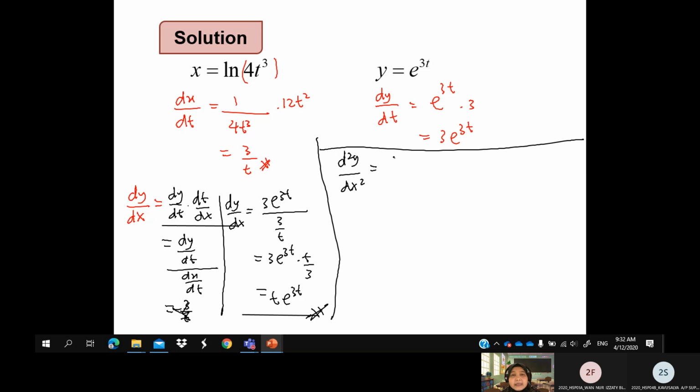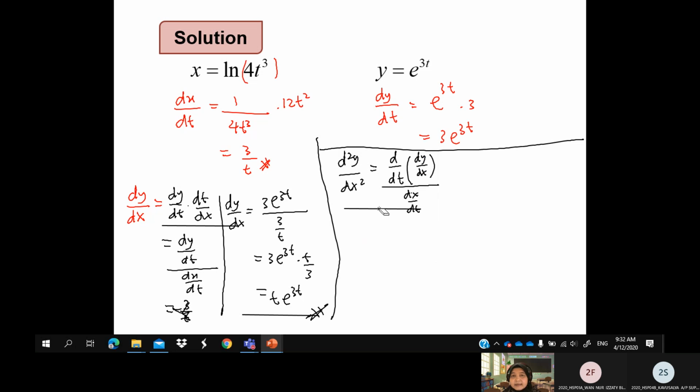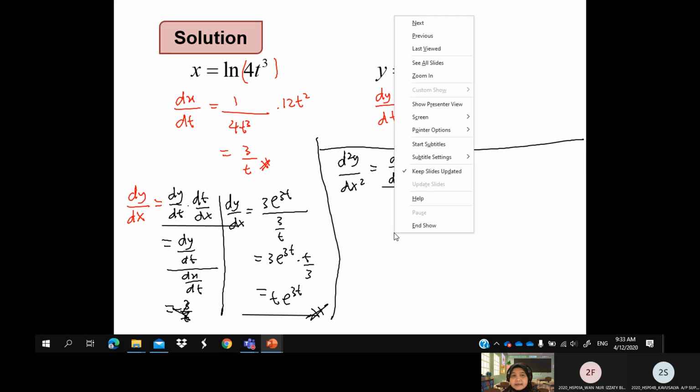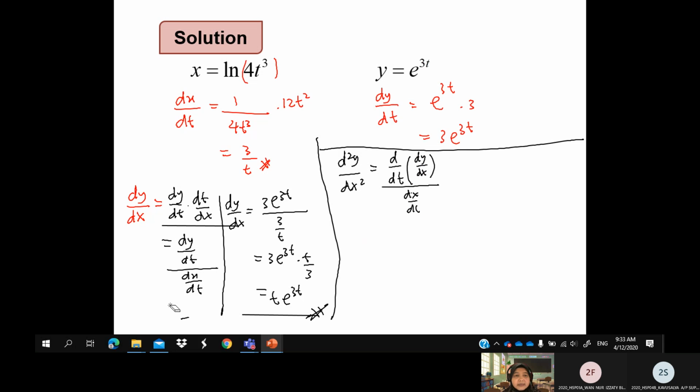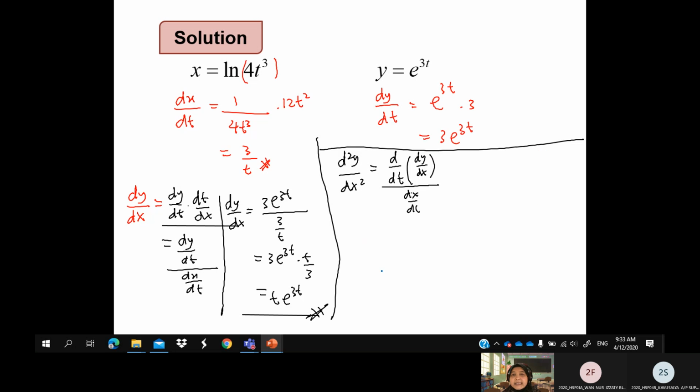The second part is to find d²y/dx². Use the formula d/dt of dy/dx, over dx/dt.